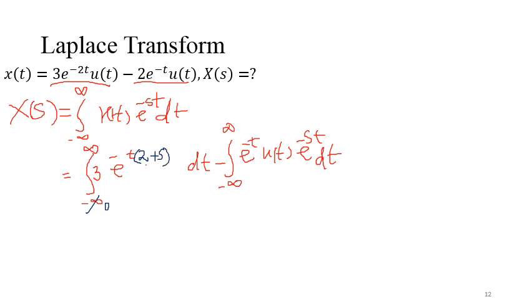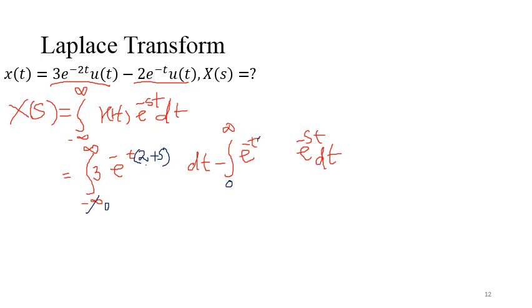Similarly, here again we have the step function multiplied, which tells that the summation cannot be from minus infinity. In fact, it can be from 0, and again we can take minus t common. You understand, both are exponential and multiplied, so the powers can be added.